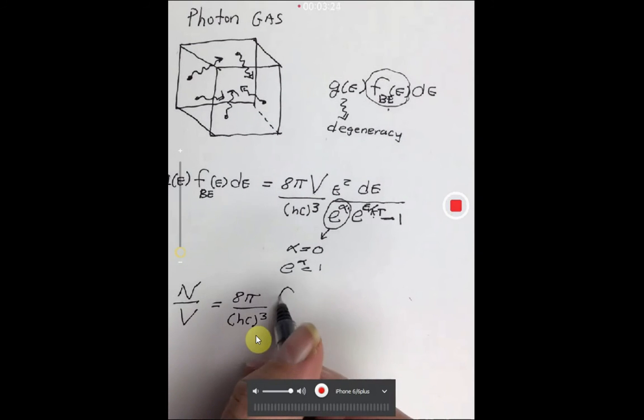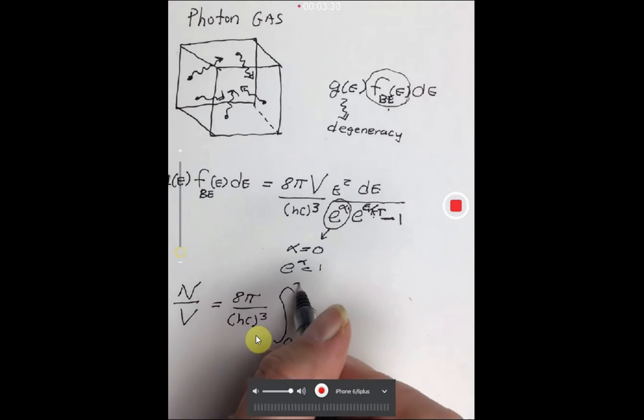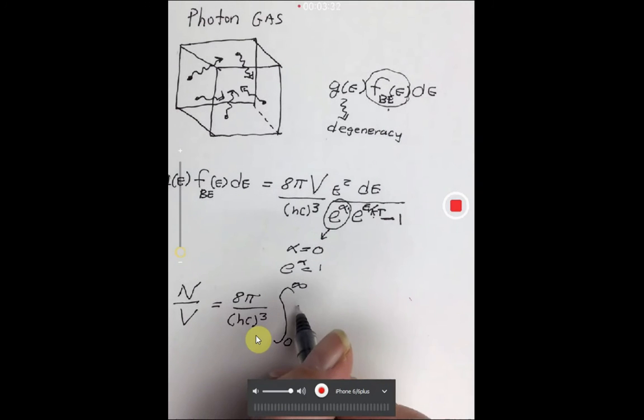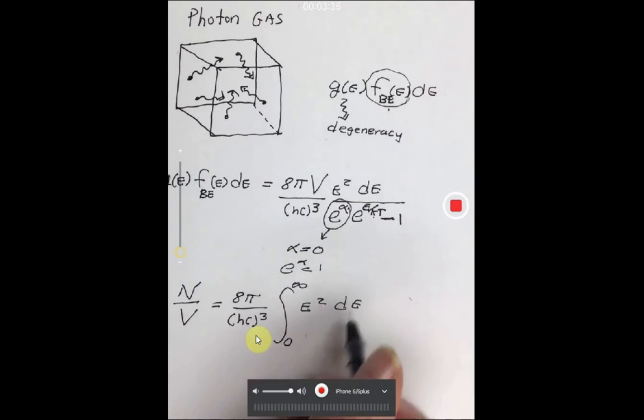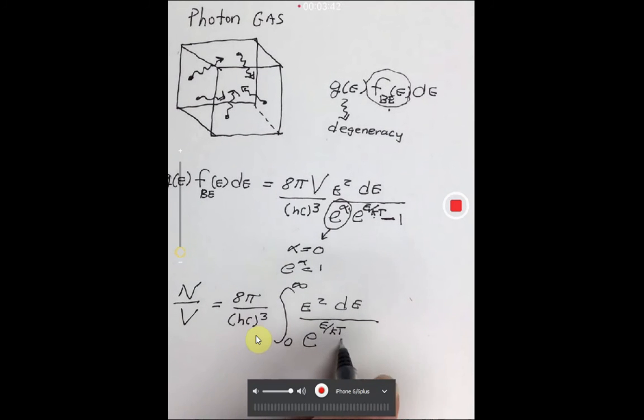Now I'm going to integrate over all possible energies, from 0 energy to infinite energy, of E squared dE over e to the E over kT minus 1. So that is the integral that I need to do.